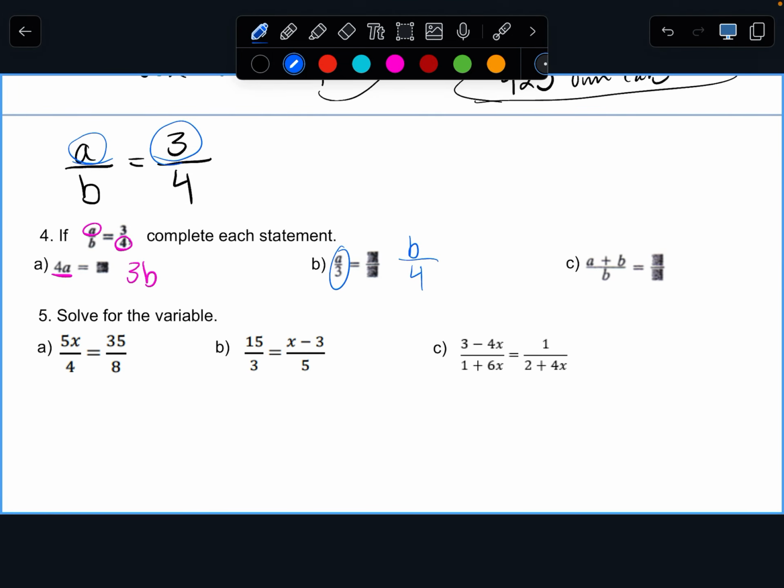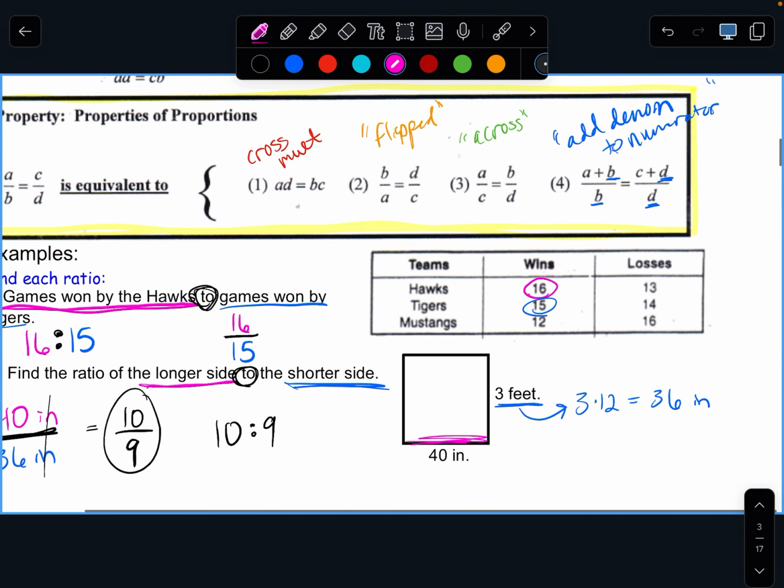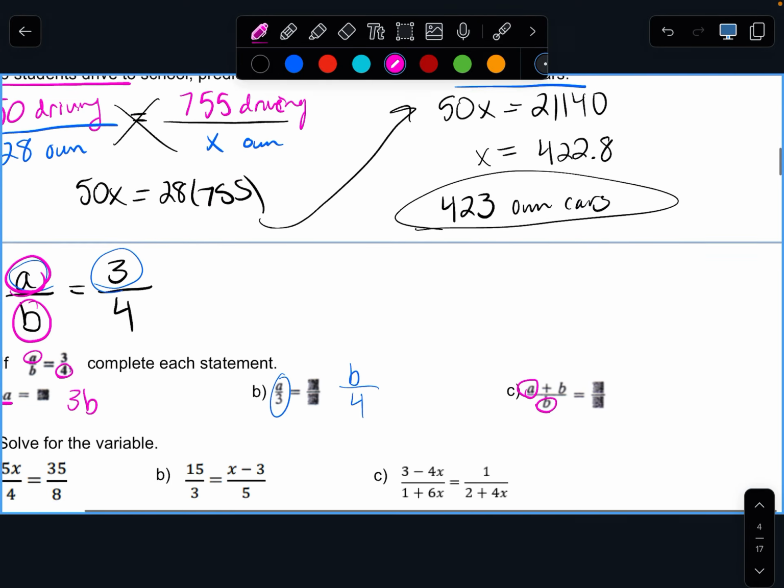This is the weirdest one, the kind of goofy one. You kind of have to ask, what is happening? Here's A, here's B, but then they have this random plus B on the top. This is that weird one where they added the denominator to the numerator.